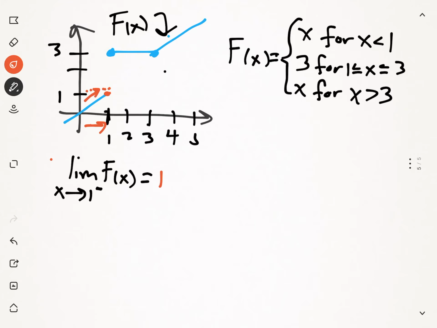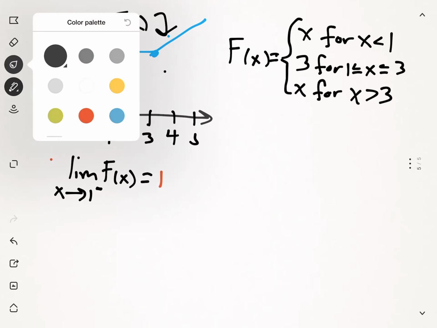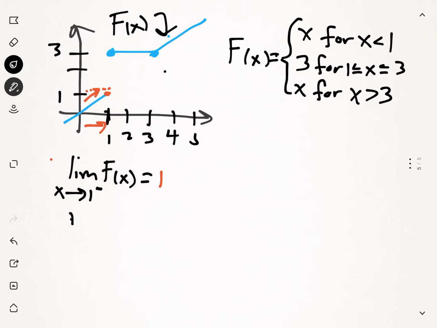Now, what is the limit as you approach 1 from the right of this function?